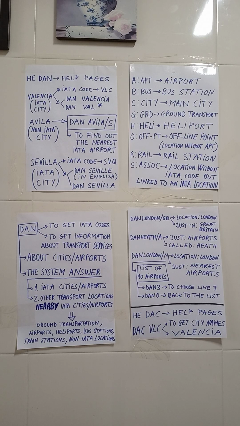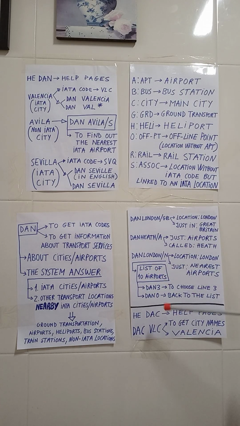I also indicate that by typing DAN3 we will choose line 3 of the list of 10 airports. Writing DAN3, you choose line 3 of this list.